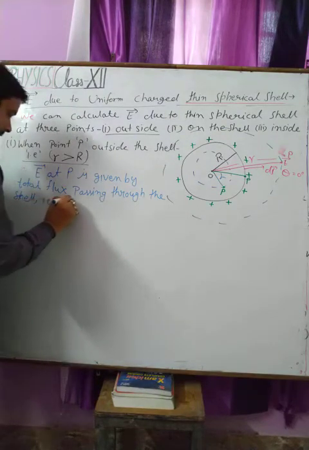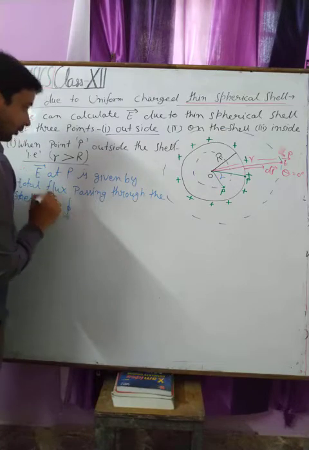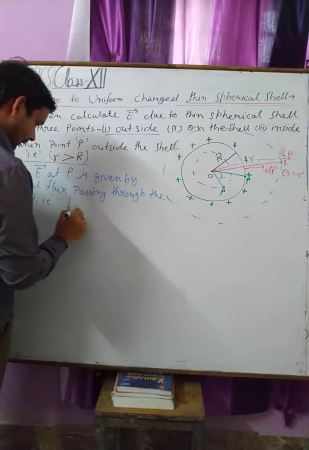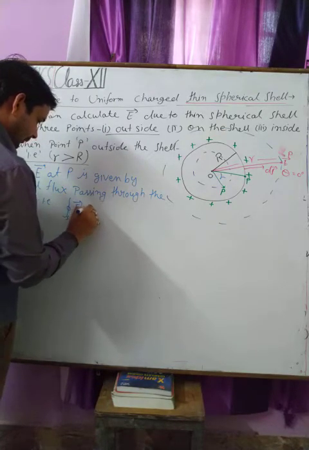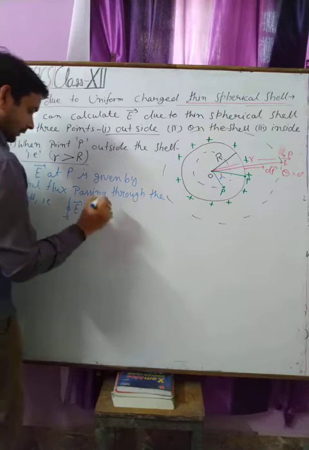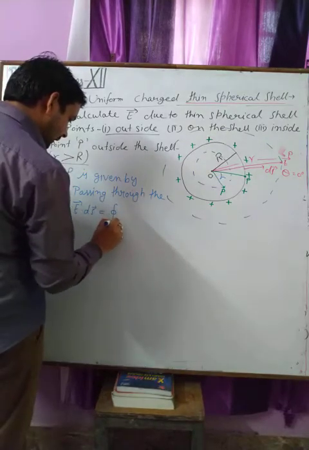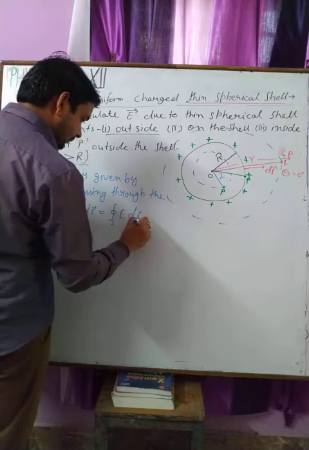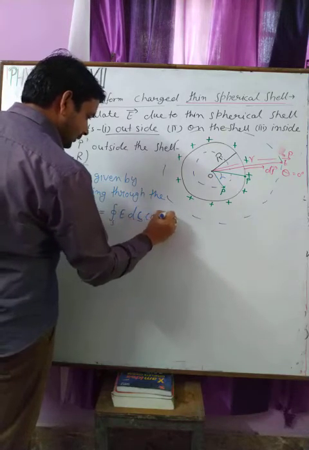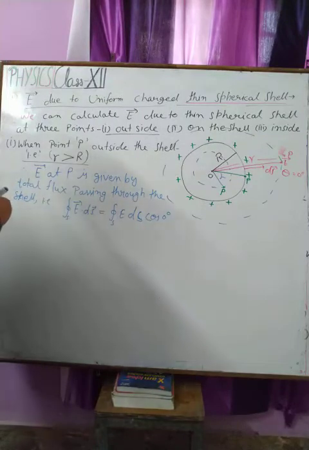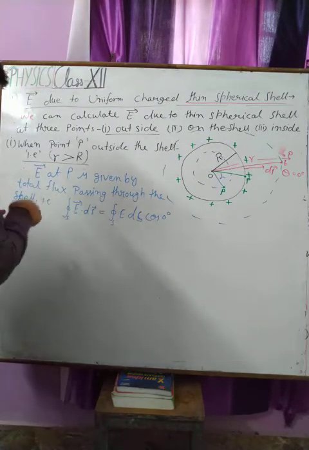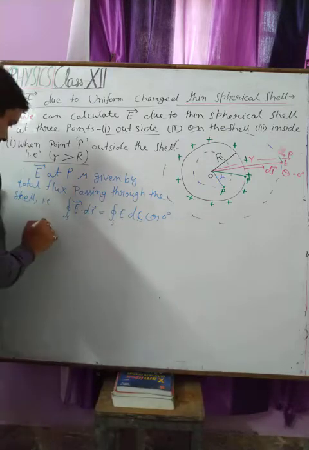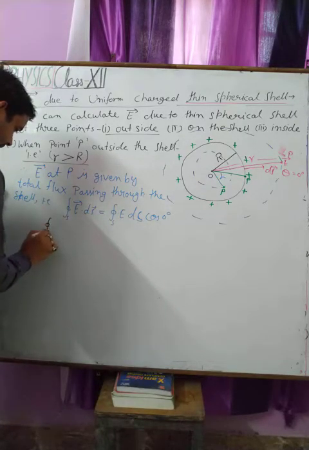That is, the surface integral of E dot dS is equal to the surface integral of E dS cos 0 degrees.